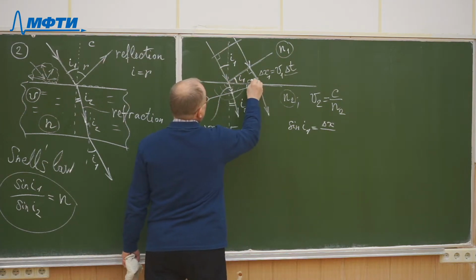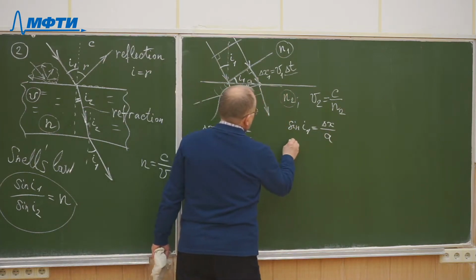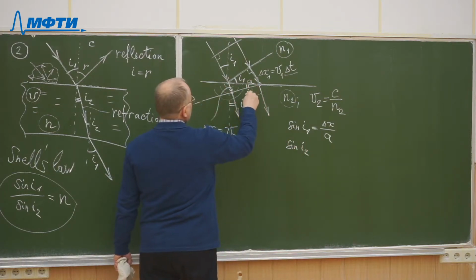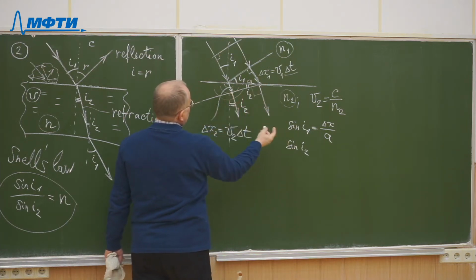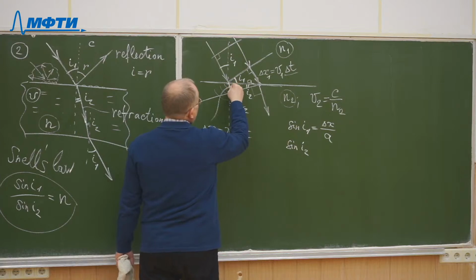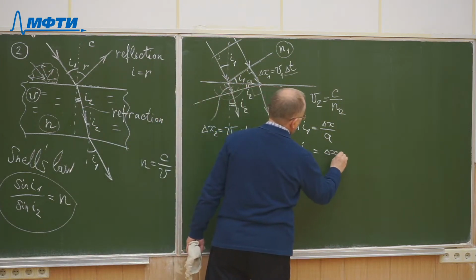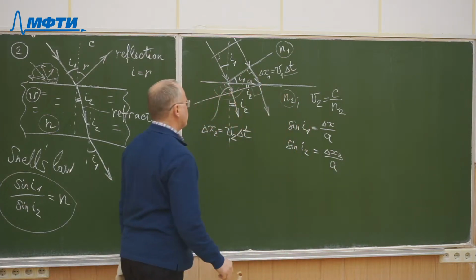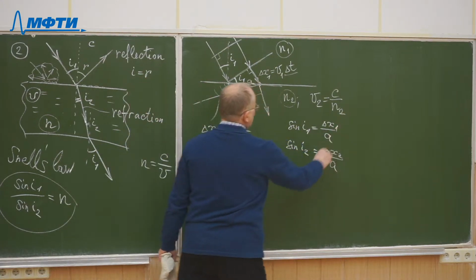This hypotenuse is A. And the sine of the angle of refraction, this angle here, which equals this angle, will be equal, according to the same definition, to the ratio of the opposite leg, which is delta x2, to the same hypotenuse A. So this is delta x1, certainly.